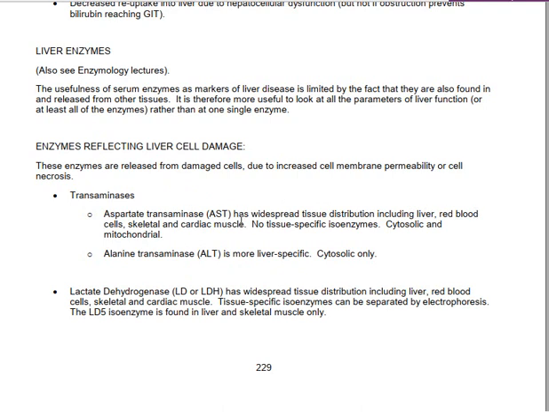So it does not only say that it is the liver that is being destroyed. So no tissue-specific isoenzyme. Is it clear? Now, also alanine transaminase. Aspartate transaminase is more widely distributed, while alanine transaminase is more specific to the liver. Is it clear? So when it is more specific to the liver, it is going to increase.